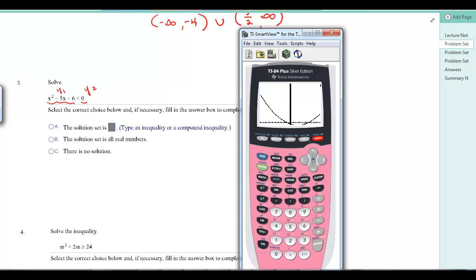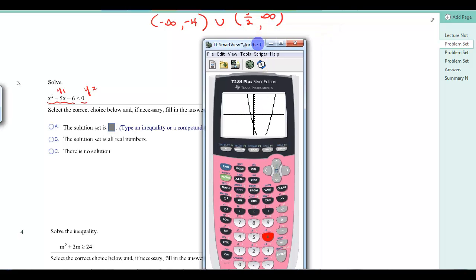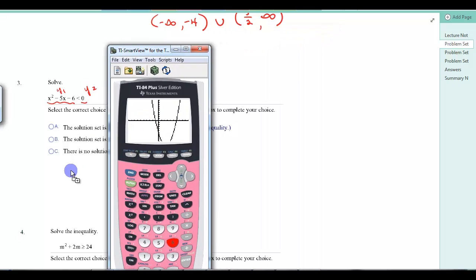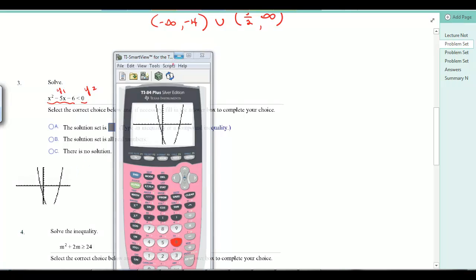I must have changed the window, so let me do a zoom 6, see what we get. All right, and I can't see the bottom, but that's really not important. I'm interested in these. So let's see if I can put this here. I did. Okay.